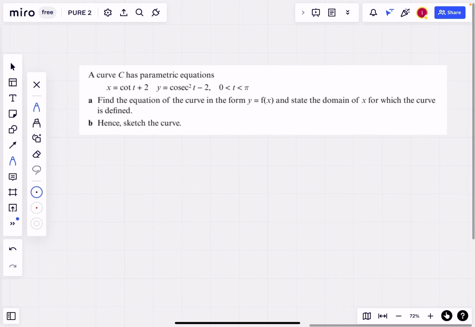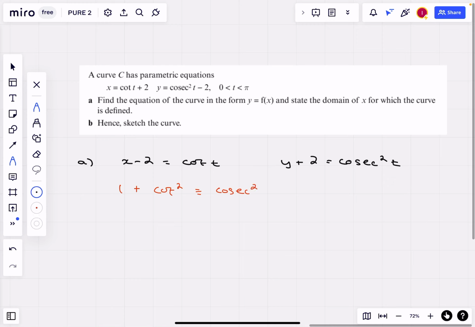So the same thing as before. You're going to make cot t the subject of the formula. You're going to make cosec squared t the subject. So x minus 2 equals cot t. And y plus 2 equals cosec squared t. Now, I'm going to use the identity 1 plus cot squared is cosec squared.